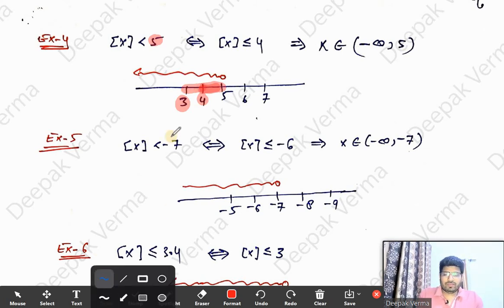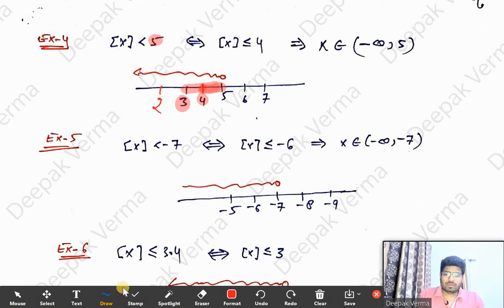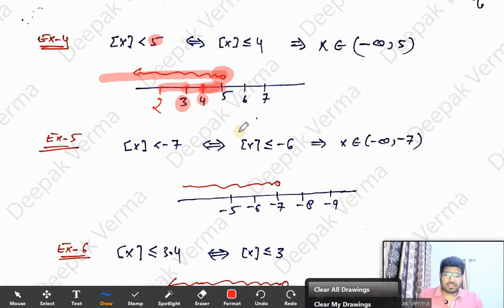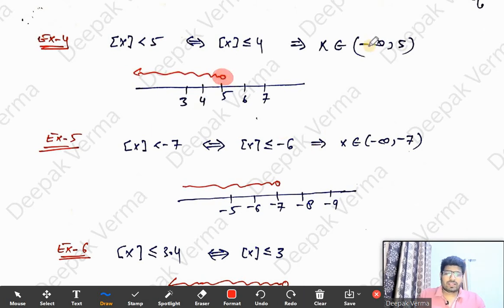Got it? If we want box x equal to 2, then x will be between 2 and 3. So you can see x belongs to minus infinity to 5. Got it? 5 is not included, therefore we have a hollow circle here. So minus infinity to 5 with open brackets.